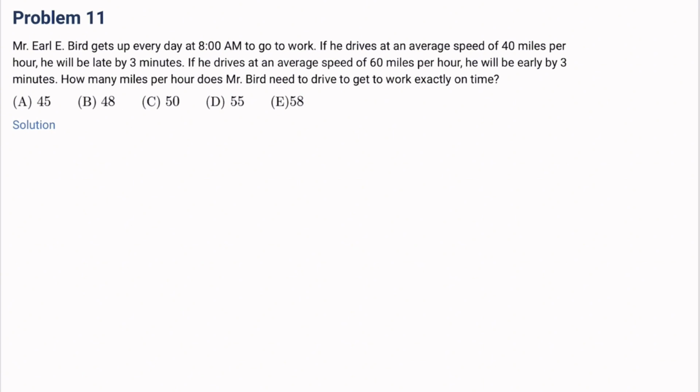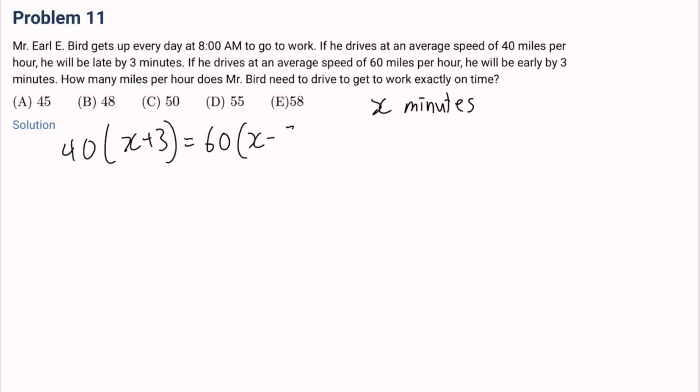Okay, so let's say that Mr. Bird needs x minutes to go to work on time, right? And so then our equations will be 40 times (x plus 3 minutes) equal to 60 miles per hour times (x minus 3 minutes), right?